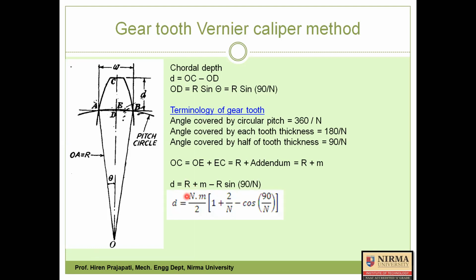Now diameter of pitch circle is 2 times the pitch circle radius. Then module m is equal to 2 times r divided by n. Then I can replace simply r is equal to nm by 2. So just write here r is equal to nm by 2, right here also r is equal to nm by 2. Then take nm by 2 common. Then finally you get this equation of chordal depth. Okay, so this is the equation for chordal depth if gear tooth thickness is correct.